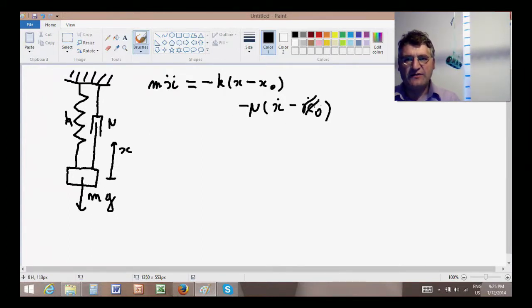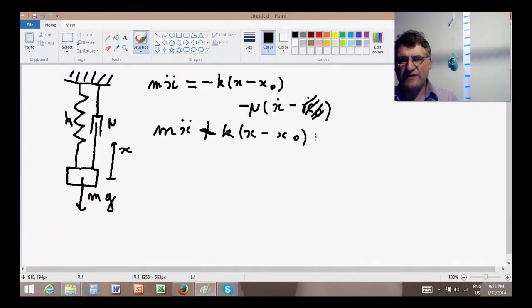Now, x dot 0 is 0, so we can remove this term, and we are left with the equation m x double dot plus k times x minus x0 plus mu x dot is equal to 0.